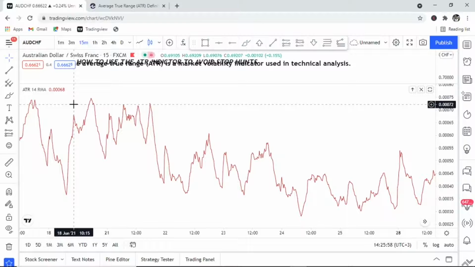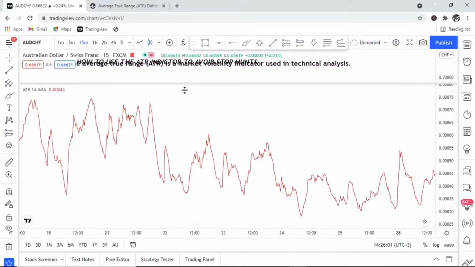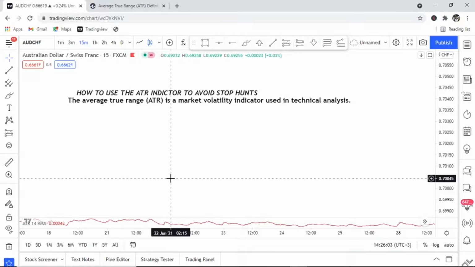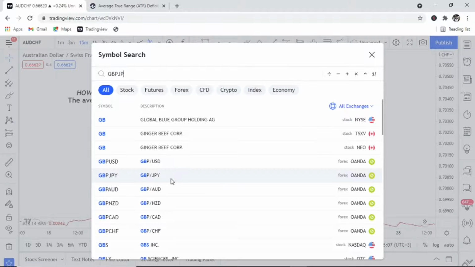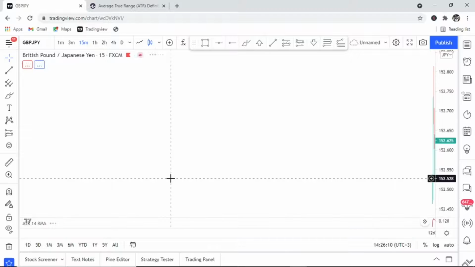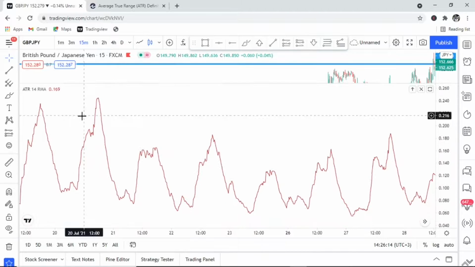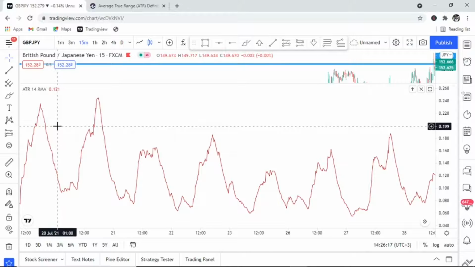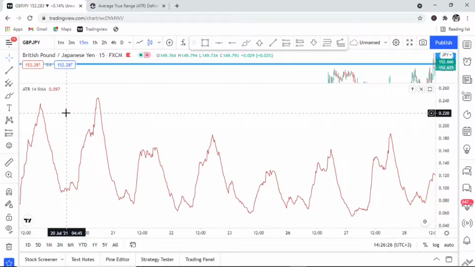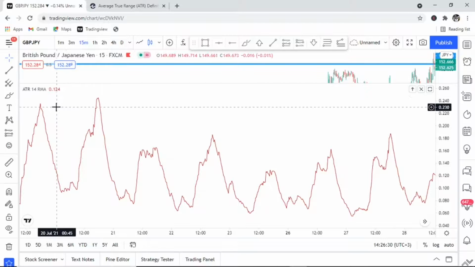For the Japanese yen pairs, it is a bit different. Let's say GBP/JPY. For the Japanese yen pairs, the pip value is normally up to the second decimal place.